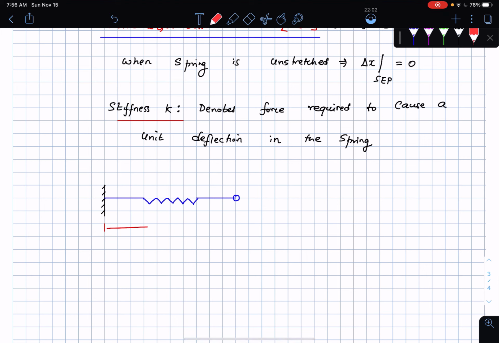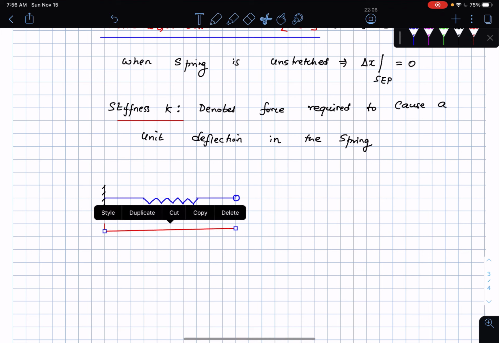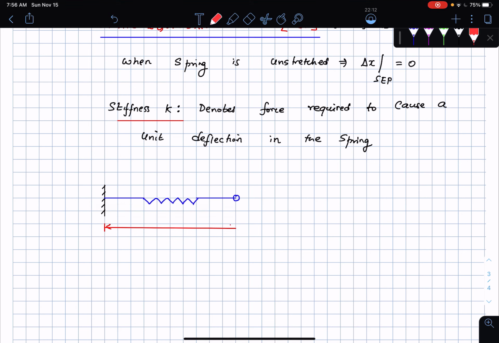At this point, this spring is in static equilibrium, that's why it's called the SEP of the spring. Let me call this length L naught. The stiffness of the spring is K.